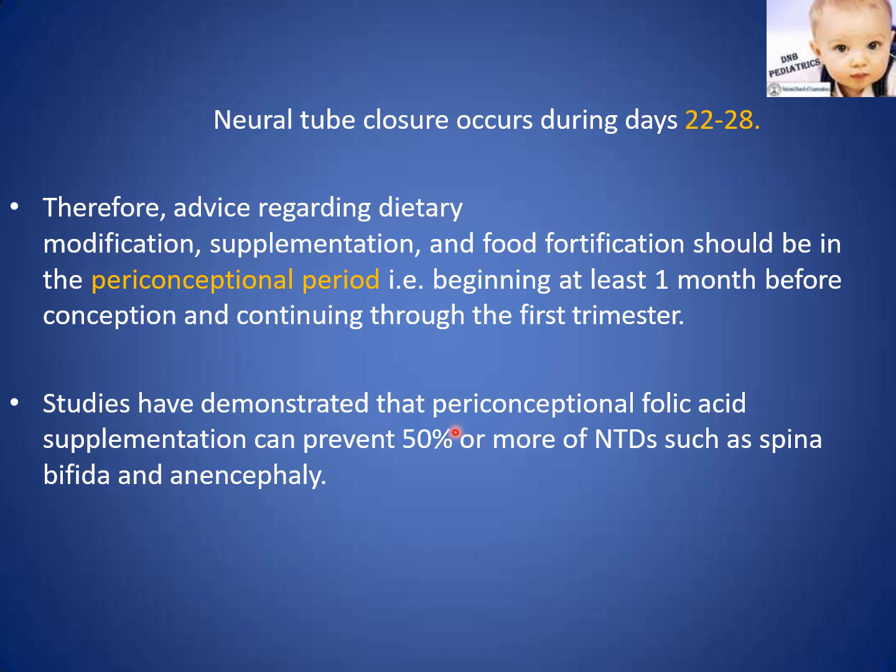And studies have shown that preconceptional folic acid supplementation can prevent the occurrence of 50% of neural tube defects in the child. So we can prevent open neural tube defects like spina bifida and anencephaly by 50% with this folic acid supplementation if you start 1 month before the pregnancy.